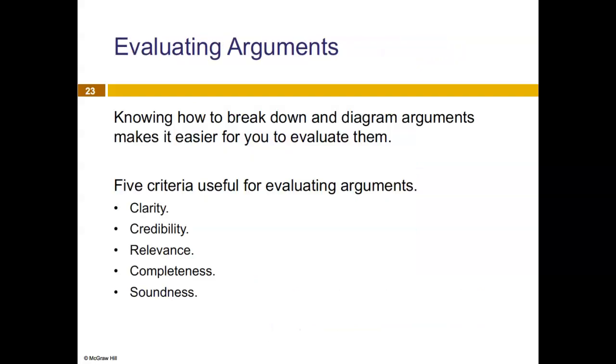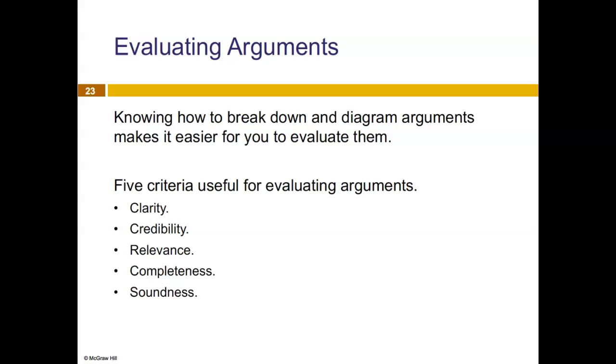Okay, so evaluating arguments. Knowing how to break down and diagram arguments makes it easier for us to evaluate them. You're looking for 5 things when you're looking at an argument: clarity, credibility, relevance, completeness, and soundness. If an argument is clear, credible, relevant, complete, and sound, that is a good argument.